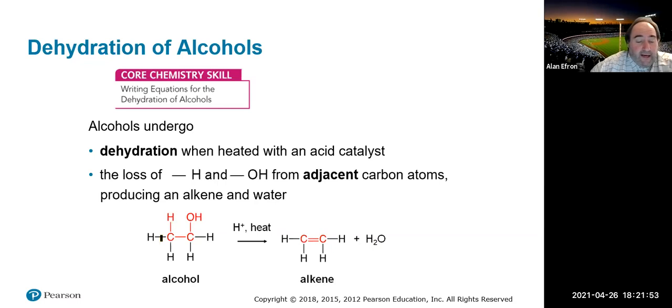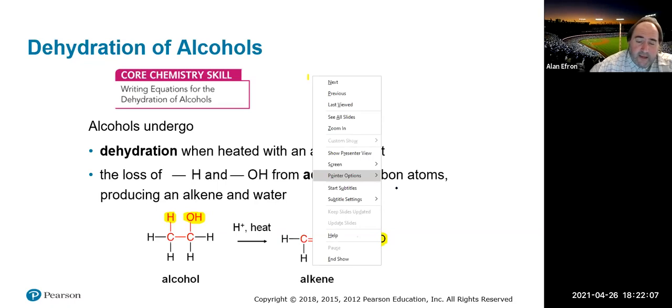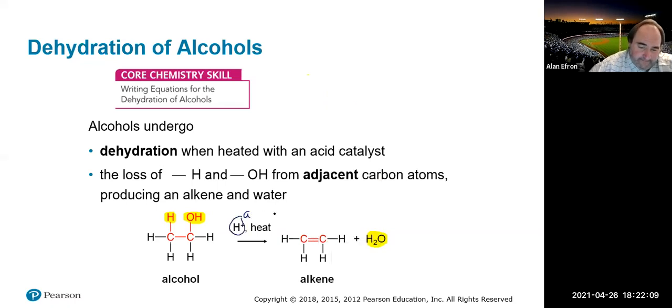So we're going to take off a hydrogen from one carbon and an OH from the other, just like we put on a hydrogen and an OH. When we do that, that's where water comes from. And if we get rid of that water, usually involving an acid and some heat, we will put the double bond back on. Everything else is exactly the same. Hydrogen there, same hydrogen, hydrogen there, same hydrogen, and hydrogen here.